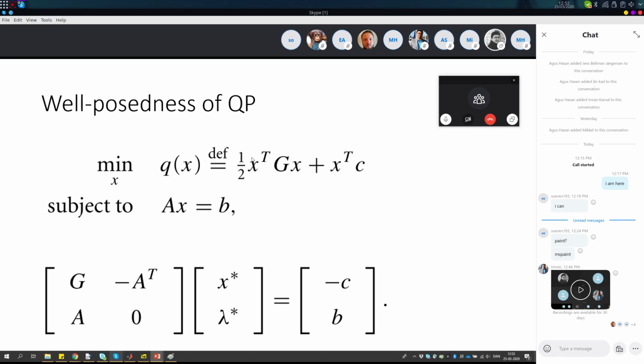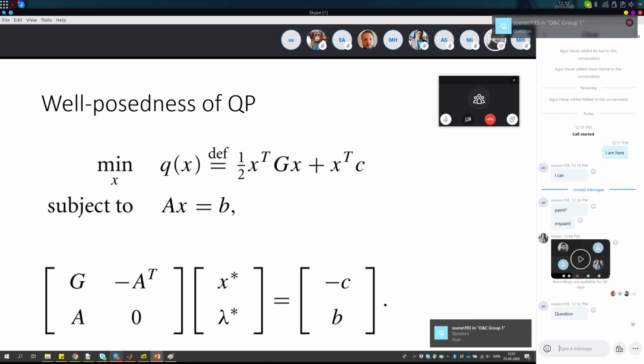So remember that when we want to find the optimality condition, first of all, you need to define the Hamiltonian function, and the Hamiltonian function is equal to the objective function, and then minus the Lagrange multiplier times the constraint. Okay.